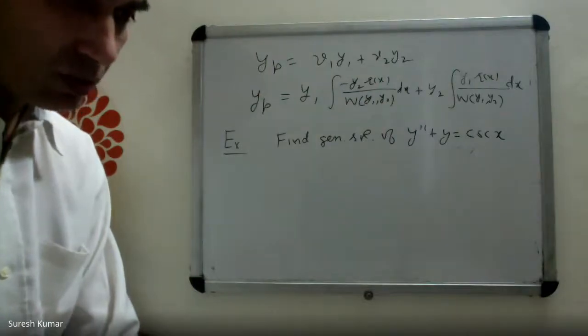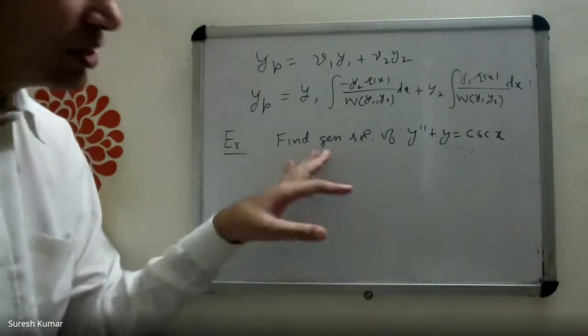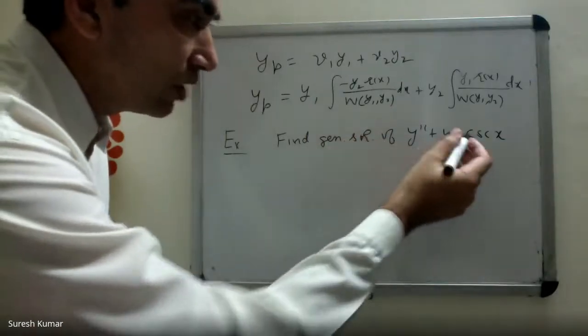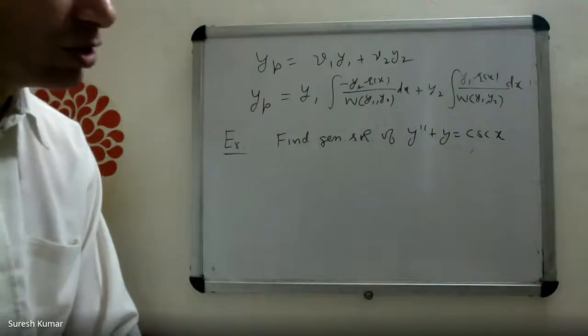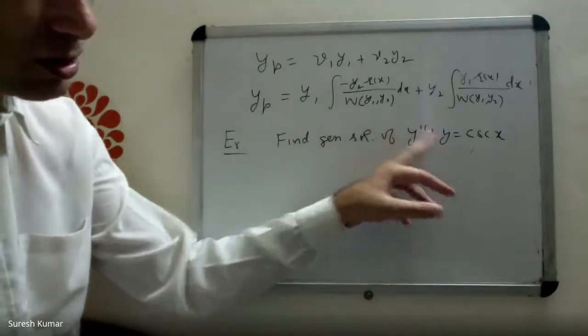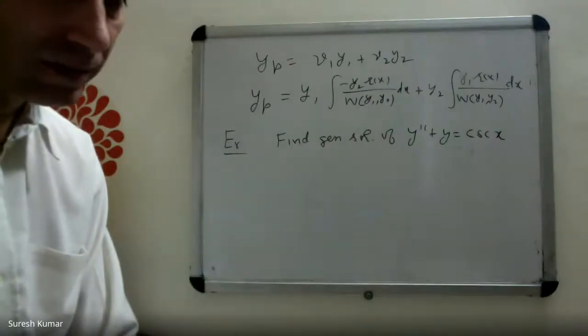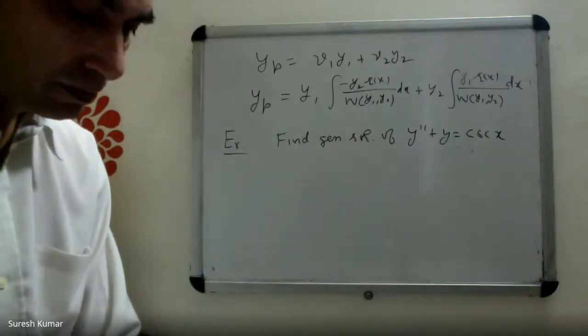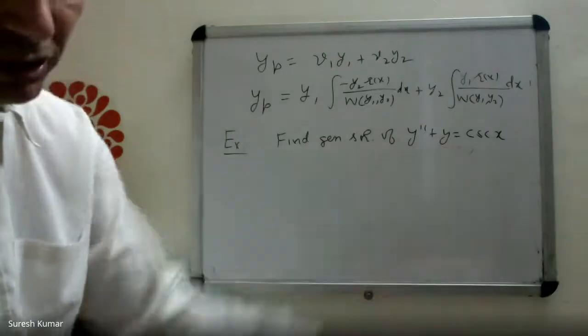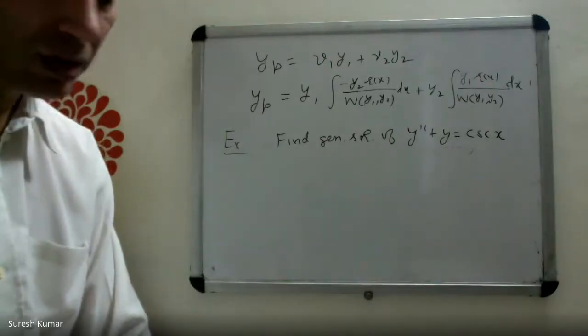Do you think that for finding yp, yh is easy in this problem? Do you think that for finding yp you can use method of undetermined coefficients? Because here the coefficients on the left side are constants. Can you apply method of undetermined coefficients to find yp for this differential equation? Or is it not possible?